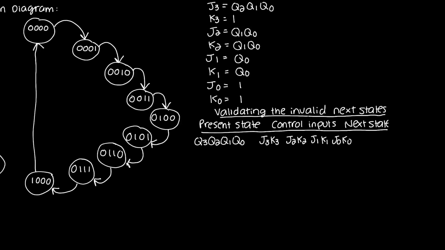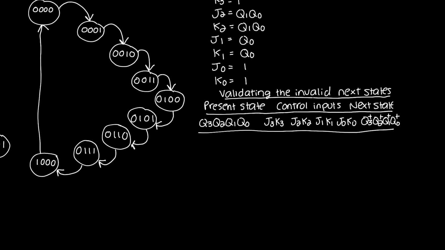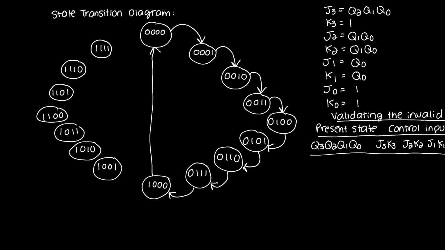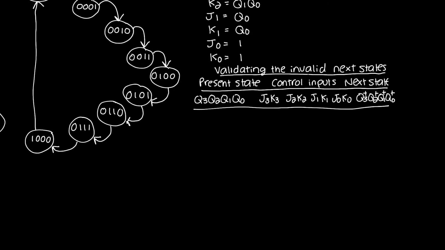And here are my next states, which are Q3, Q2, Q1, Q0, plus. So I denote next states always with a little subscript. Okay, so in this present state column over here, I'm only going to write these invalid present states.